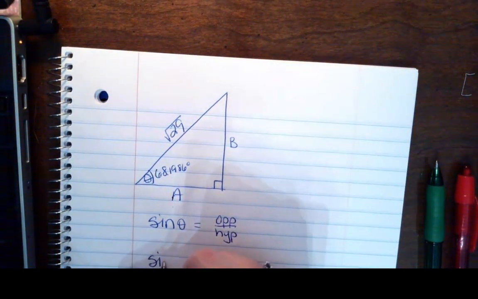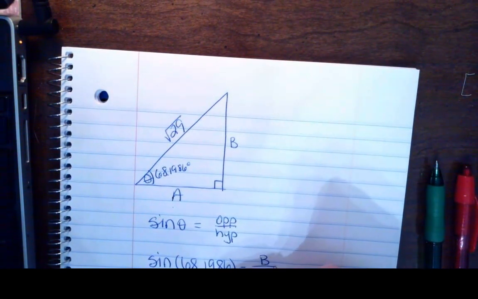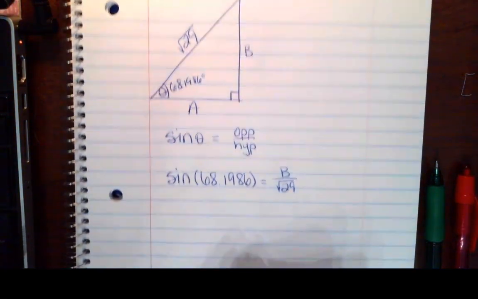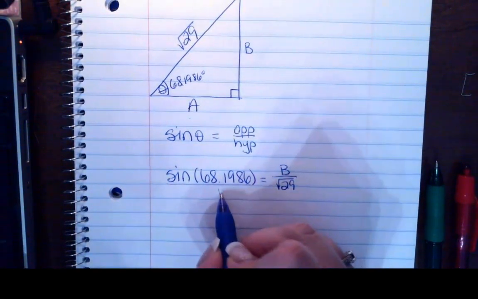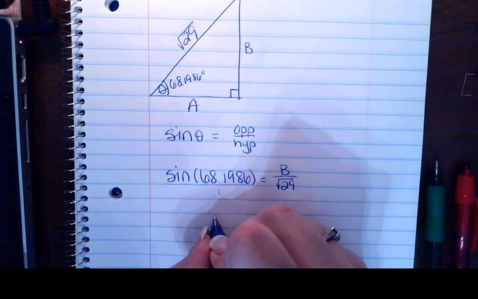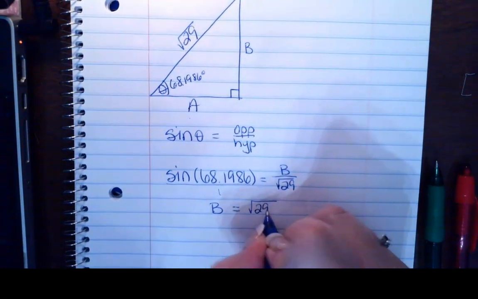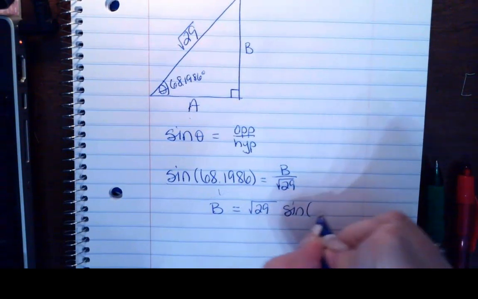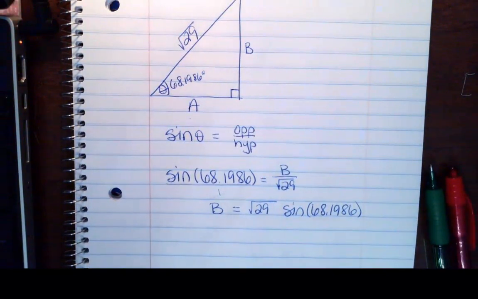So this gives me the sine of 68.1986 is going to be b over root 29. Okay, so another way of thinking about this is I can cross multiply. So I have b equals root 29 times the sine of 68.1986.